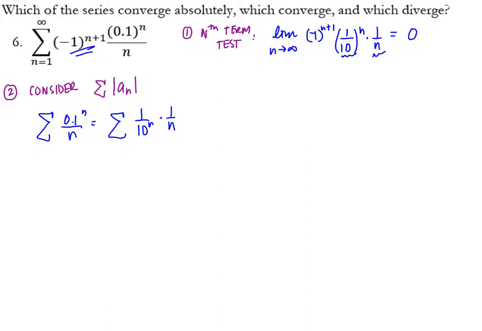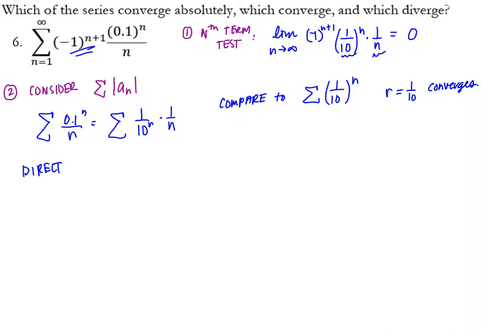We could compare it to the geometric series and see if that works. So let's do that. The geometric series 1 over 10 to the n, that's a common ratio r of 1/10, which converges. We can use the limit comparison test or the direct comparison. I suppose I would go with direct comparison.